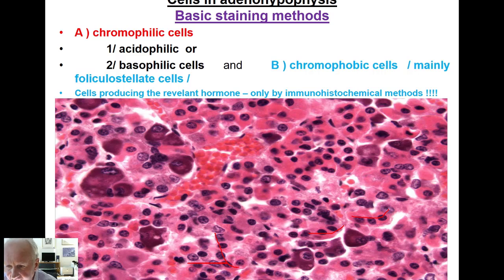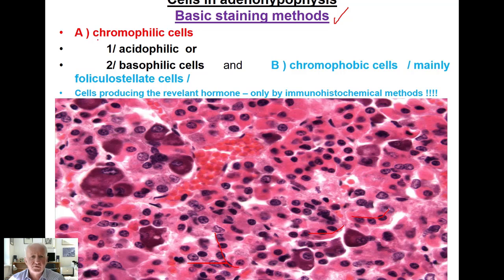And now the basic staining methods. For example, on this picture, hematoxylin-eosin. You can use another staining method, for example, azan trichrome, Heidenhain method, Weigert-Van Gieson method.